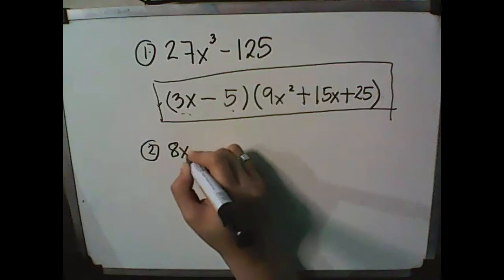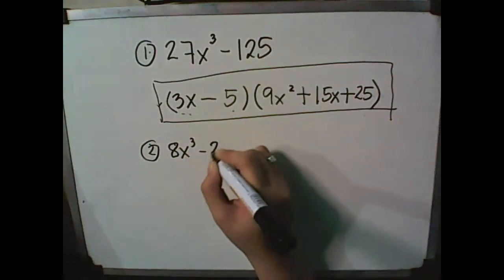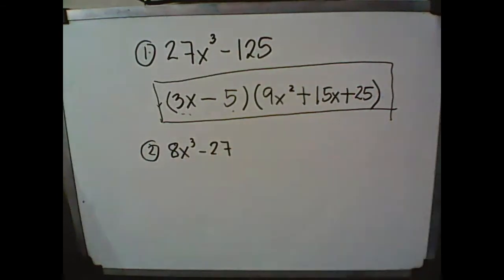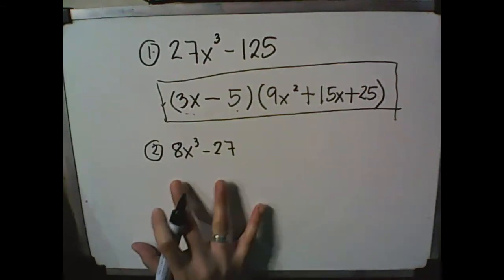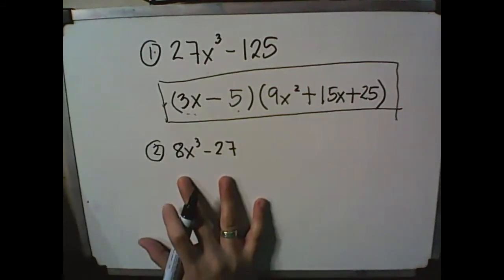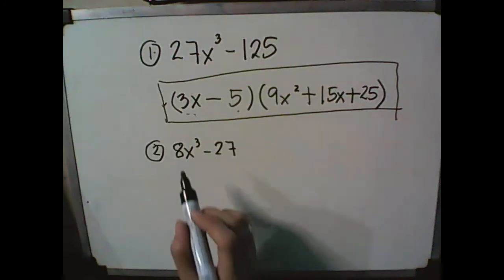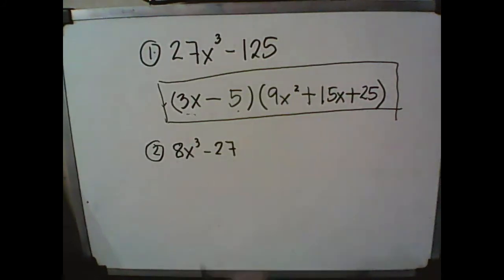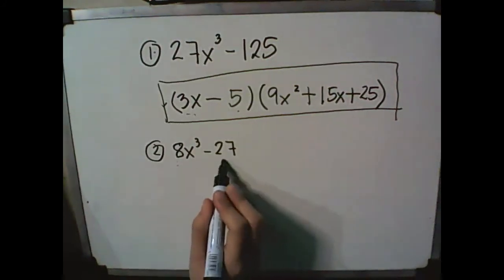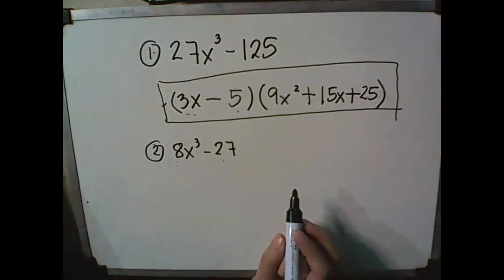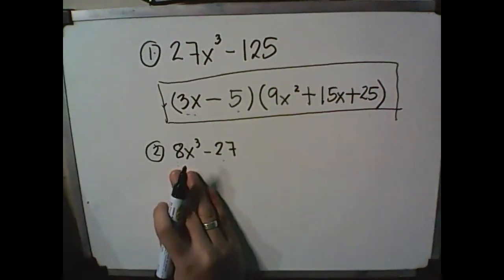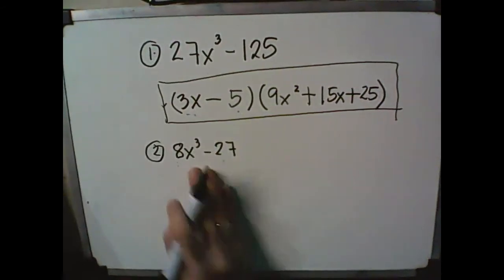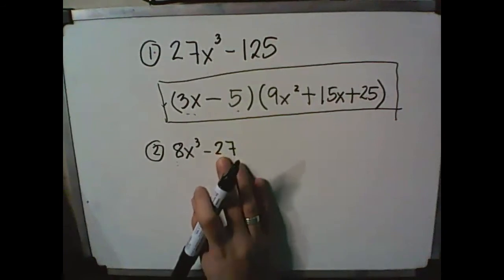8x cubed minus 27. Okay, again, determine if the given is an example of sum and difference of cube bago natin siya i-factor. So, first, we have two terms. Check. The first and the last term must be a perfect cube. 8 is a perfect cube, x cubed is a perfect cube, and 27 is also a perfect cube.